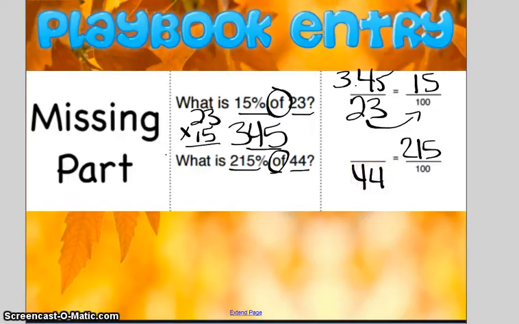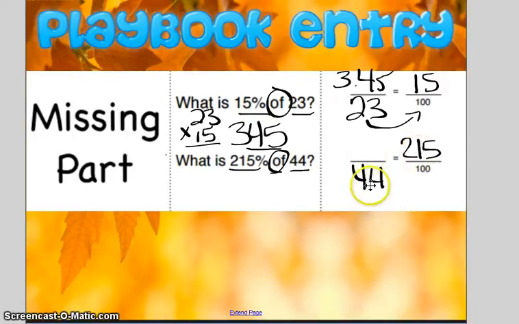So there's several ways you can do it. One of which is you can take the decimal form of 215%, multiply it by 44, and then you don't have to divide by 100 because when you take the decimal form of 215%, you're already dividing it by 100 to move that decimal over. And then whatever you get is your part.